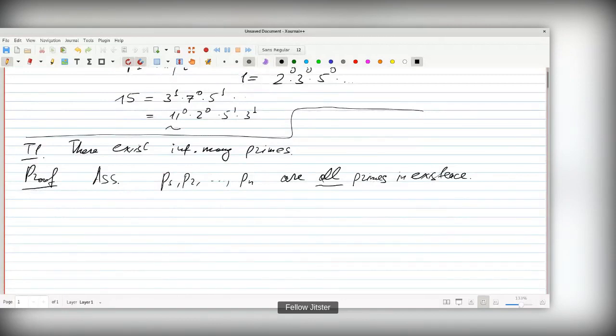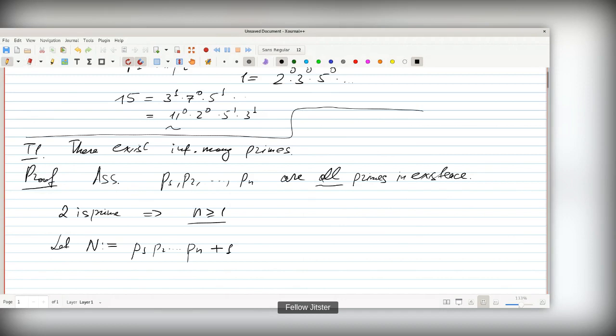How many primes do we have? We know that 2 is prime, hence at least one prime exists, so this number n is at least 1. We have at least one prime. Okay, and now let us consider some specially crafted number, capital N. This capital N will be the product of all our alleged primes plus 1.